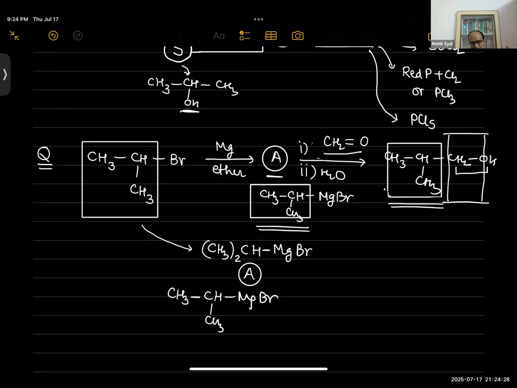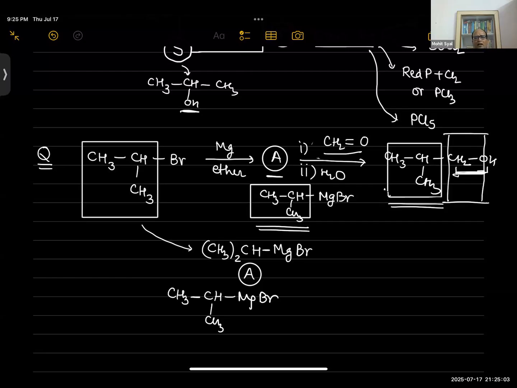Sometimes we forget the reagent. I have seen many students. So what you are having in the question, what is the final answer? Just compare what extra you require. So that extra portion, the reagent, you should think about that extra portion. So this was something CH2O. When we try to figure out what is that CH2O, that CH2O is CH2 double bond O. Got it?